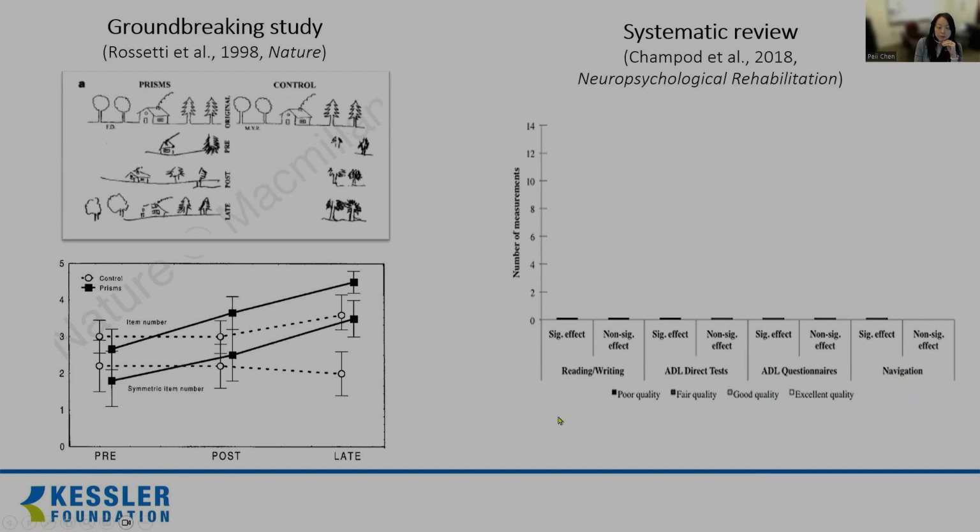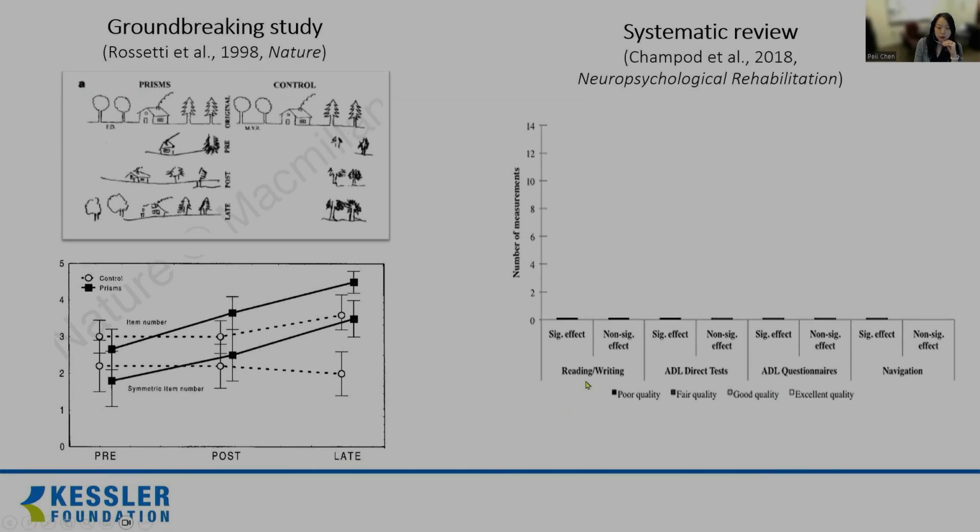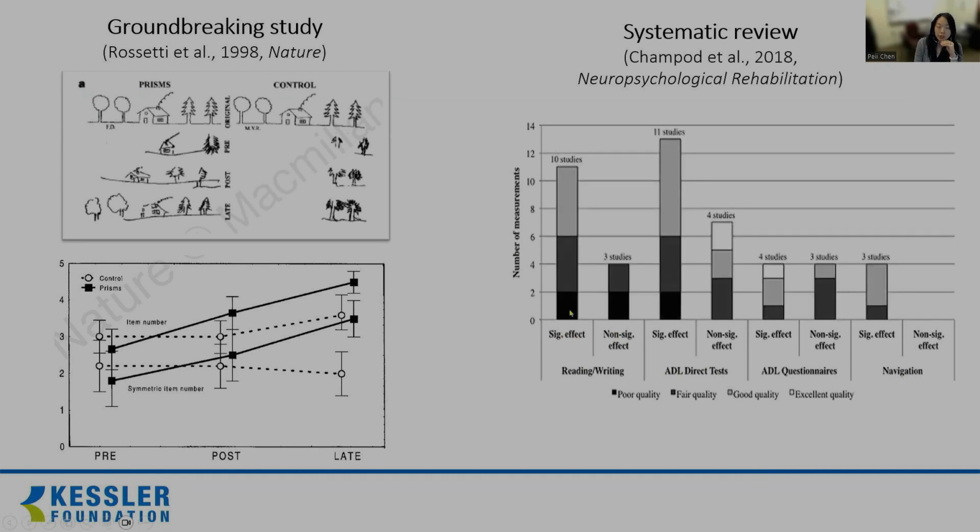So they reviewed many studies, and plotted in this chart how many studies show a significant effect or no effect on any specific outcome measure. Overall, you can say it's mixed results. However, more studies show a significant effect than studies showing no significant effect.